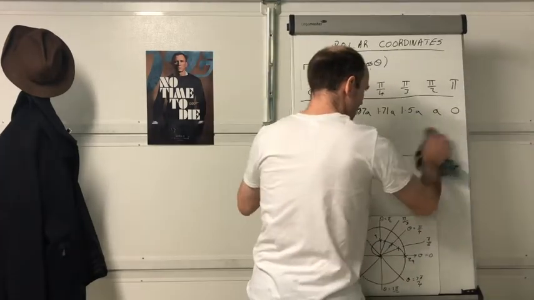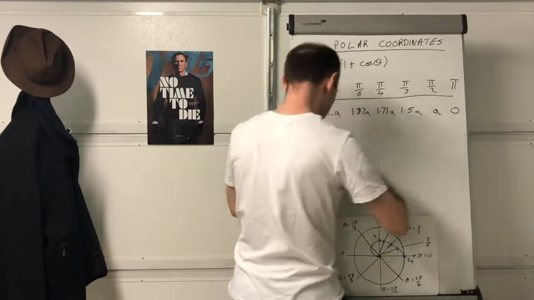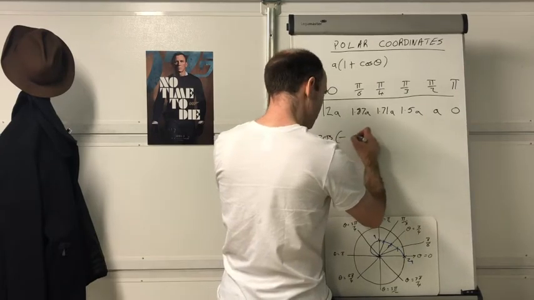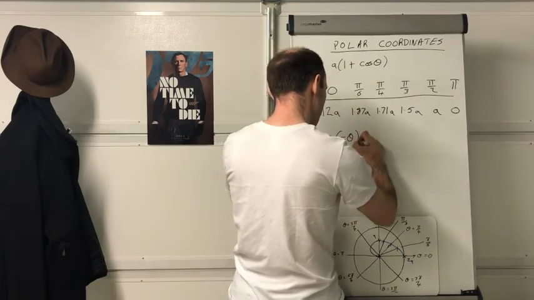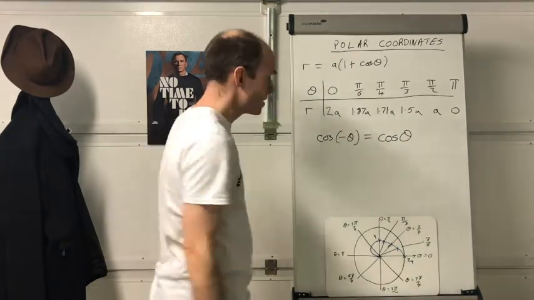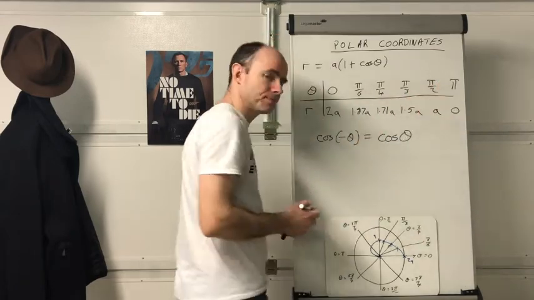Or we just consider this rather nice result, which I'm going to write down. That's cosine of negative theta is equal to cosine of positive theta. What that means is, if I just change those to negatives, those values are going to be the same.